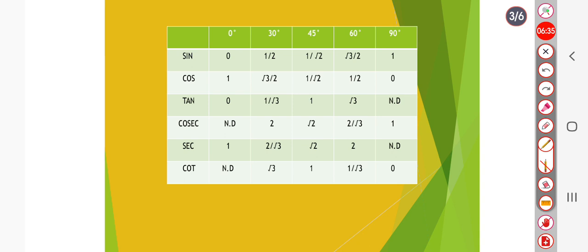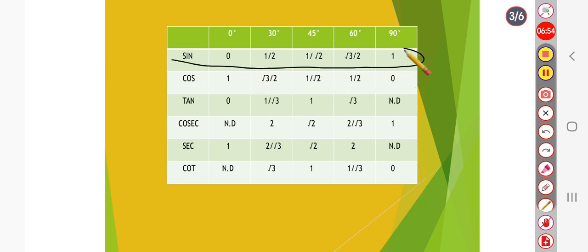Similarly, tan 90 is nothing but not defined. Why? Because 1 by 0 is nothing but not defined, infinity, right? So it is not defined. So by writing the value of sine, we can easily find the value of cos and tan.